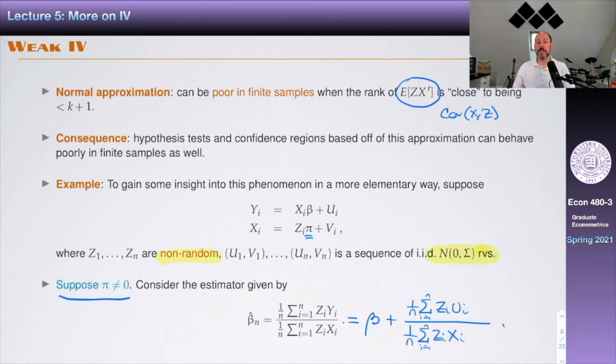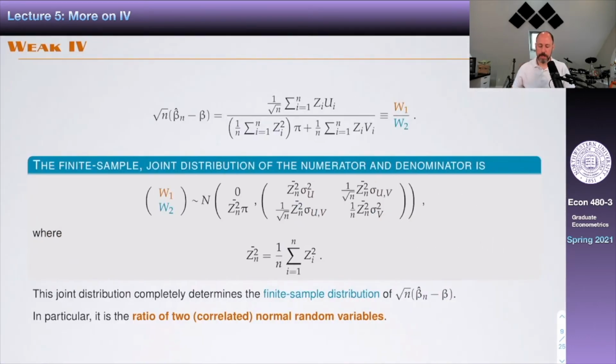And I'm going to be using this representation to talk about the properties of this IV estimator. So notice I'm going to write square root n times beta hat minus beta as the ratio of two things. On top we have 1 over square root n, because we put the square root n here, of the sum of z u. This is the same that I had in the previous slide.